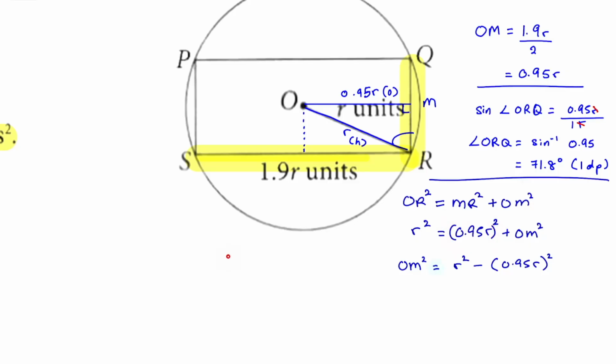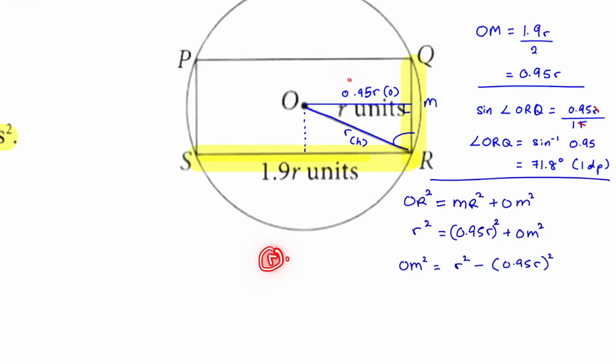The reason being, if I write 0.95r square, this square only belongs to r. It does not apply to 0.95. So we need to make sure we have the 0.95 included, by adding the bracket.